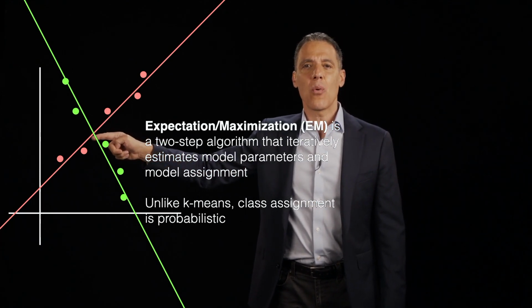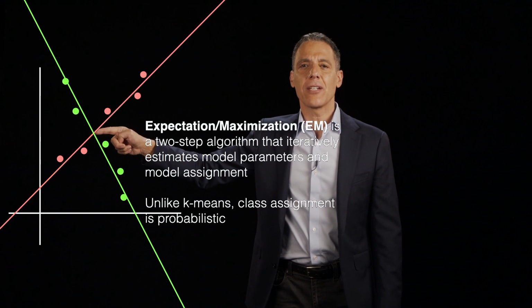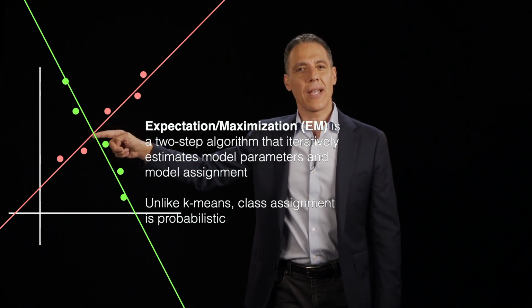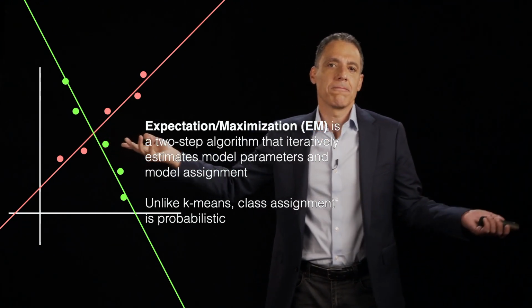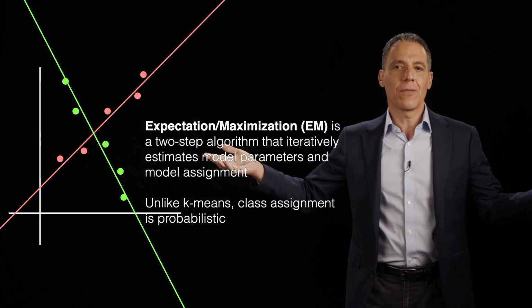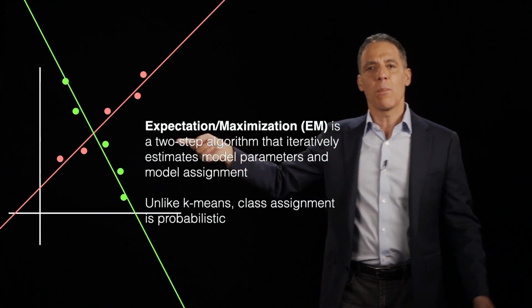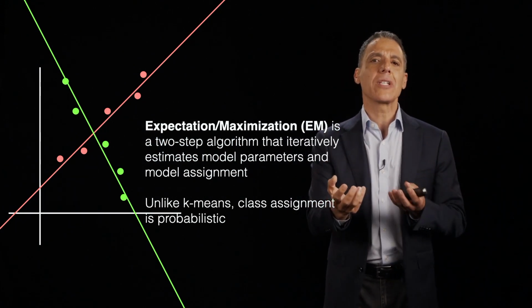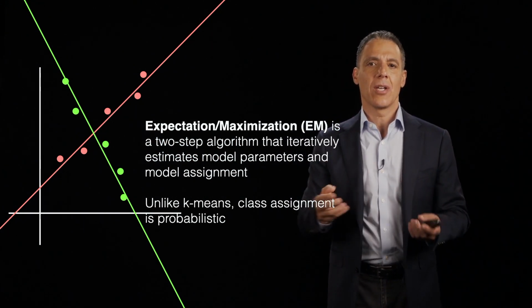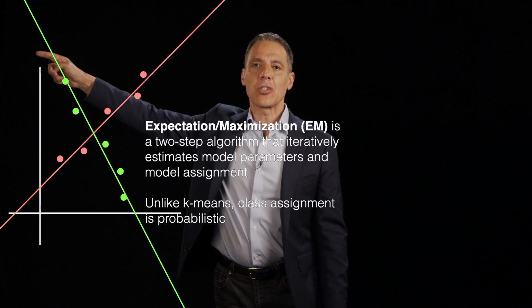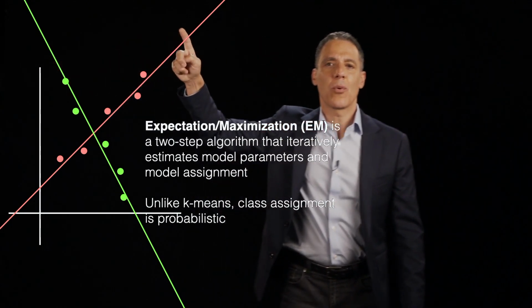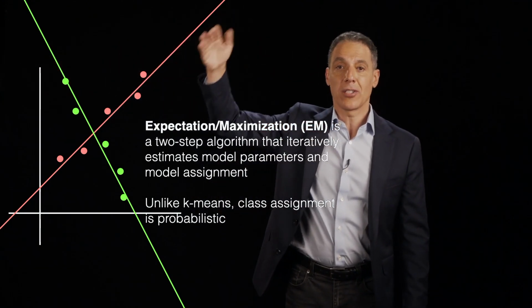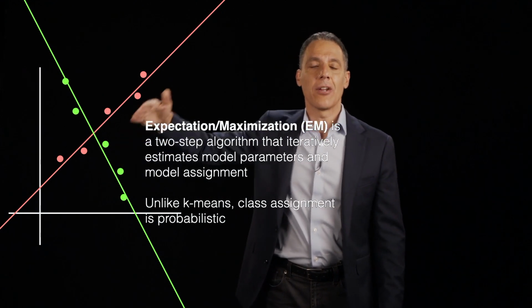If I gave you a point right at that intersection, does it belong to class 1 or class 2, red line or green line? I don't know, it's completely ill-defined. We have no idea. So points that are ambiguous, you would like to maybe say, well, I'm not really sure what the class assignment is. On the other hand, I'm fairly sure that points up here and points over here really do belong to that line because they're very clearly and unambiguously there.